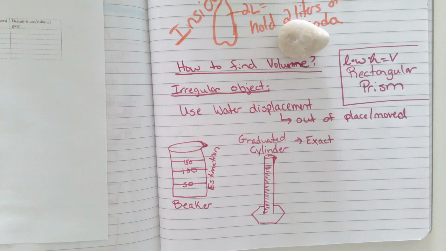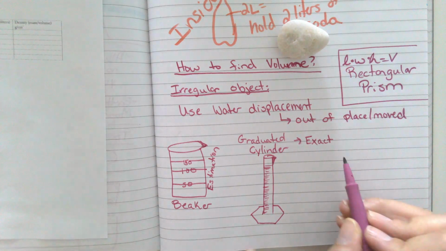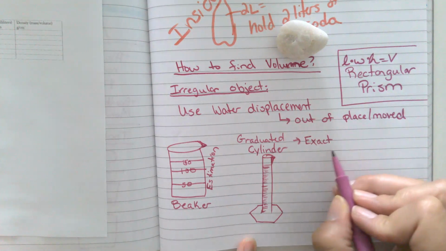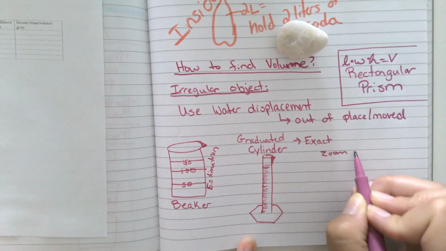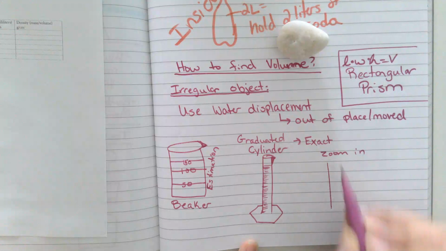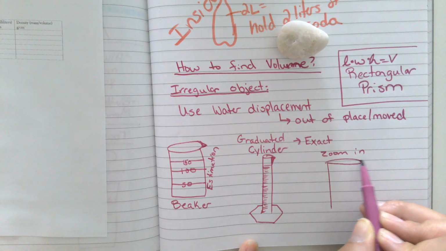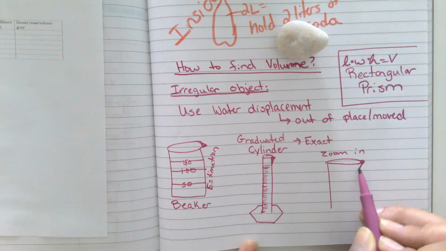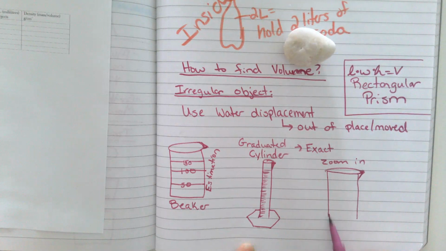And when you read a graduated cylinder, I want to kind of draw a zoom in. This is the top. So let's say you have 100 ml, and you have this right here.